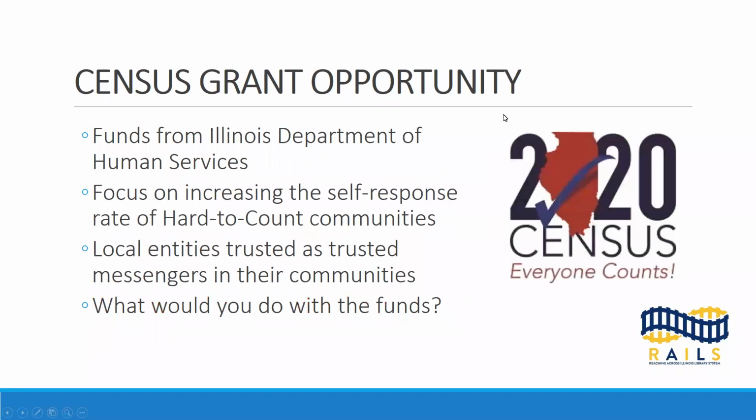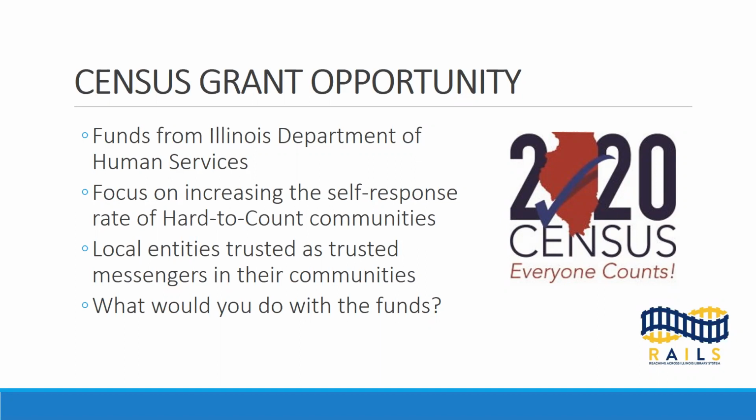Okay, so the next thing I have to talk about is this grant opportunity. I'm just going to mention this really briefly because right now all we're doing is basically looking for feedback from libraries. We're going to submit a grant through the Illinois Department of Human Services. The funding will increase awareness on how to increase the self-response rate for hard to count communities.